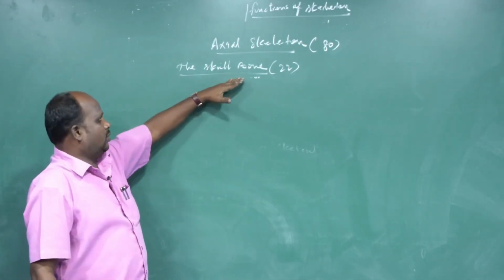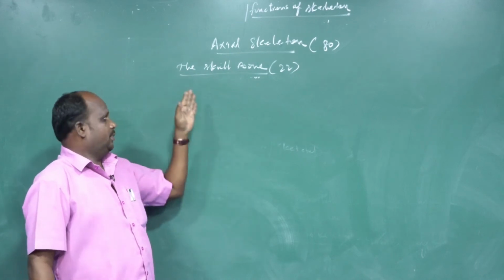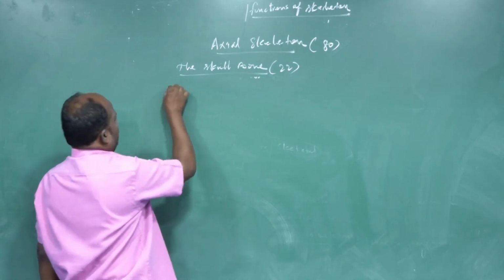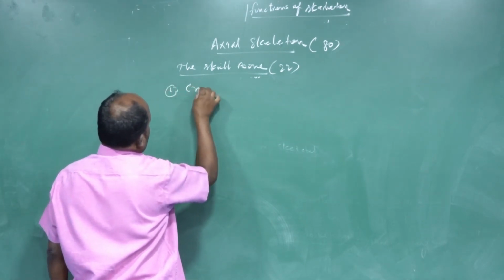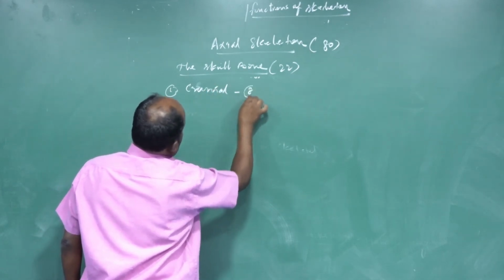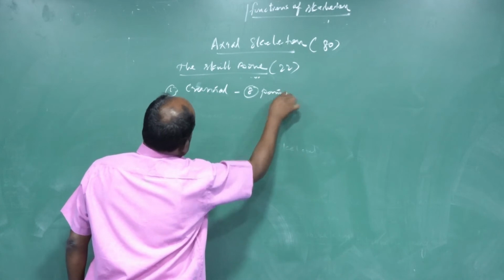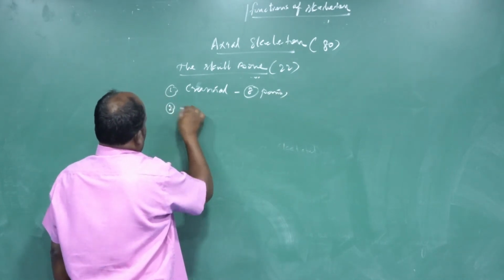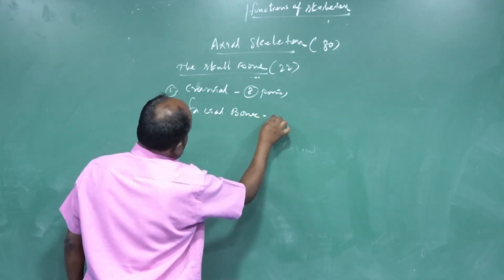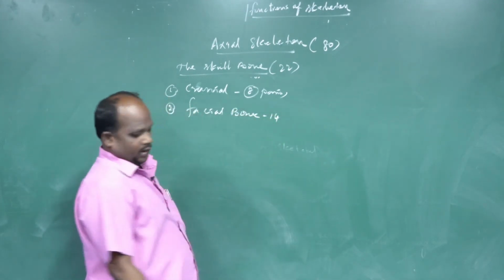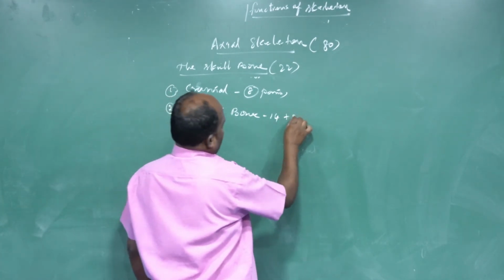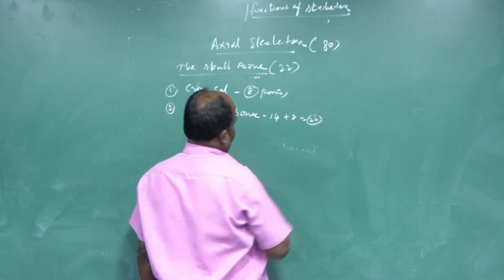The first group is the cranial bones, 8 in number. The second is the facial bones, 14 in number. So 14 plus 8 equals 22.